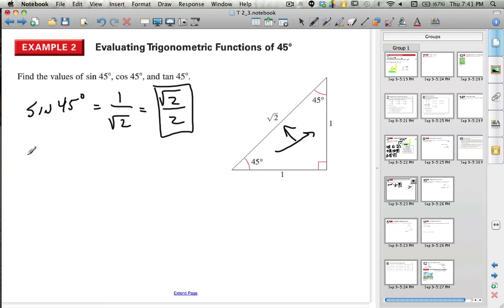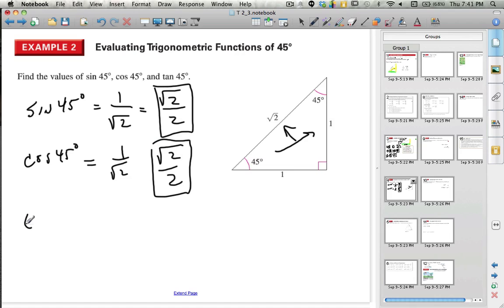When I find the cosine of 45 degrees, that's going to be the side adjacent over the hypotenuse, but look at that, it's the exact same number, so that's also going to be root 2 over 2. And when I find tangent of 45 degrees, that's going to be 1 over 1, opposite over adjacent. 1 over 1 is just 1.